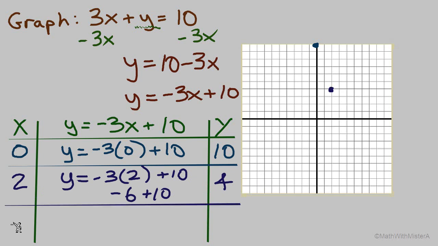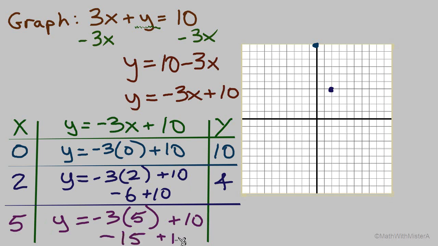Last, I'll choose x equals 5. y equals negative 3 times 5 plus 10. Still the same equation each time, negative 3 times our value of x plus 10. This is negative 15 plus 10 equals negative 5. So that third ordered pair to the right, 5, and then down for the negative 5.